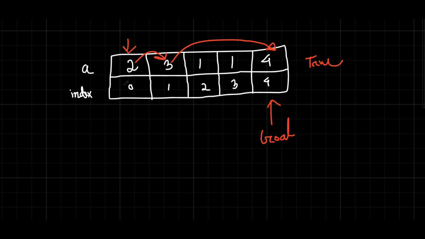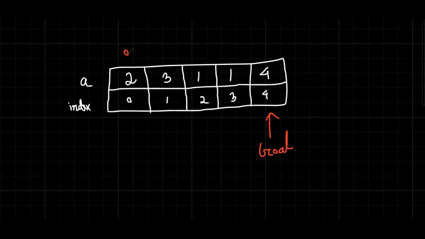Now, this is the index number, and the index number starts from 0 for the array or the vector. So the indices are 0, 1, 2, 3, 4. Now, currently at first we are present at the first index, and we have to reach the last index here.